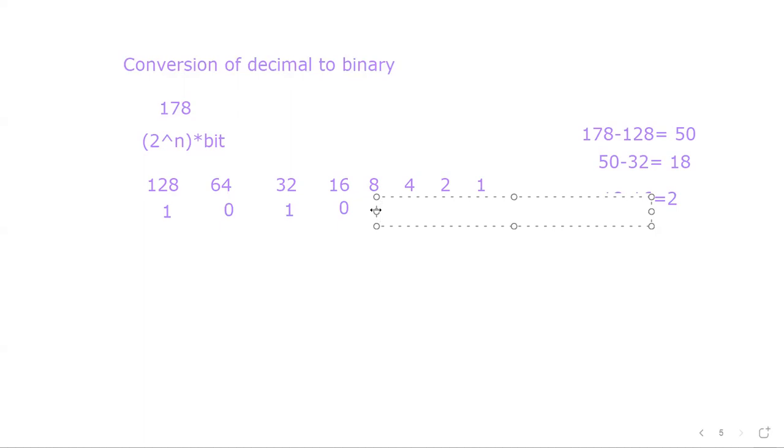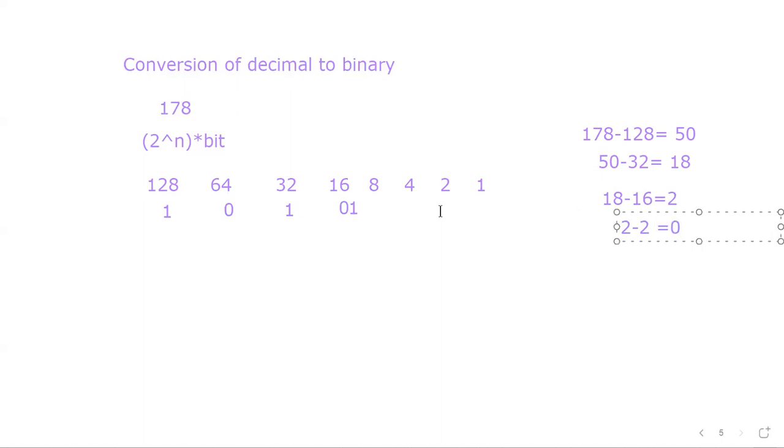Sorry, by mistake, I put 1 on 16. Okay. Then what comes? 2 subtract 2 is 0.